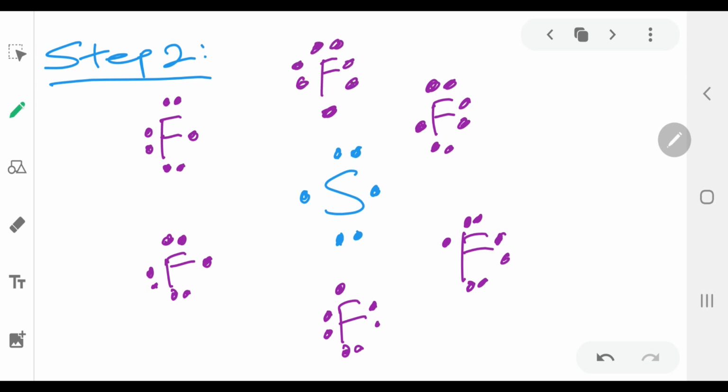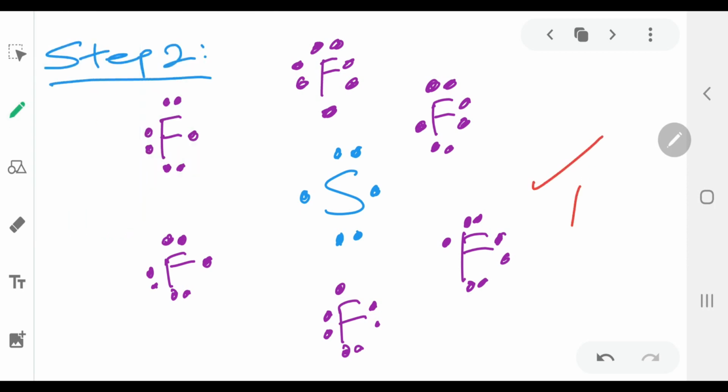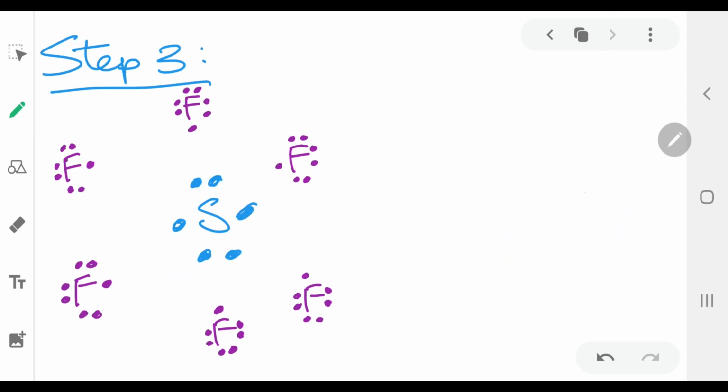So after you have drawn the correct Lewis dot symbols for all of them, you will be given 1 mark right over there. So step 3, we're going to draw the bonding pairs on the sulfur and fluorine atoms.